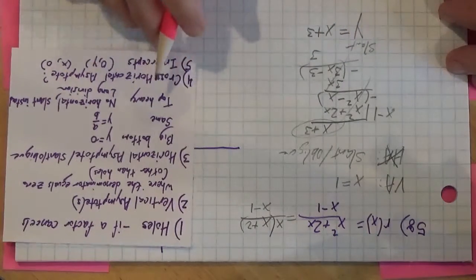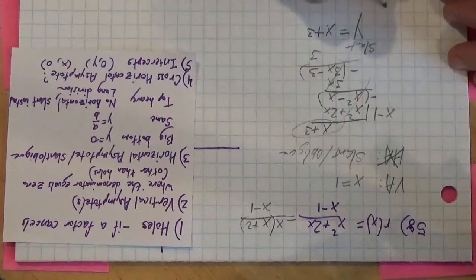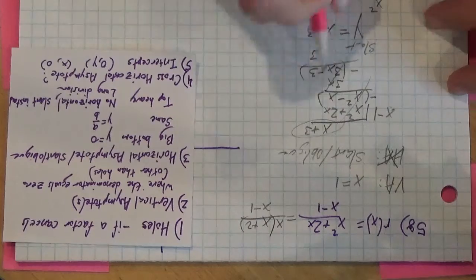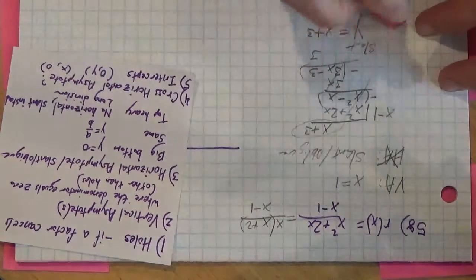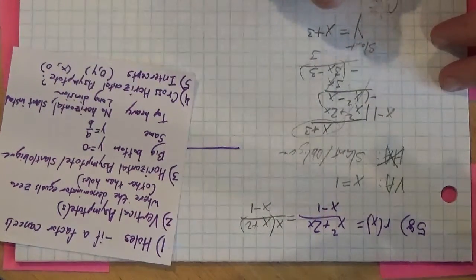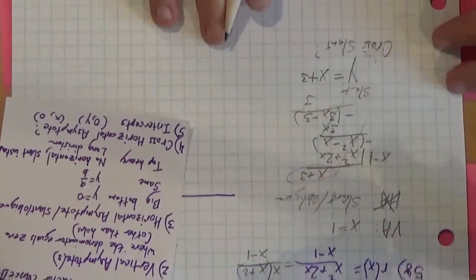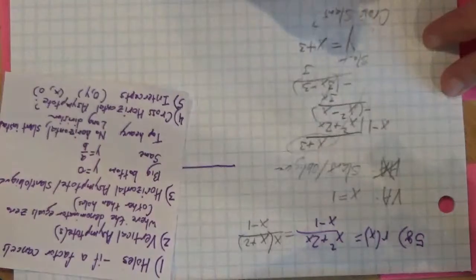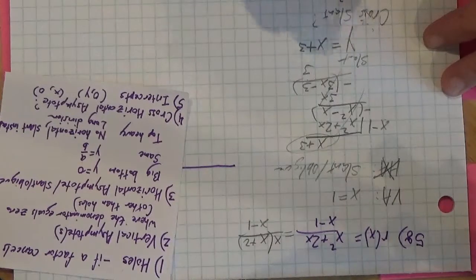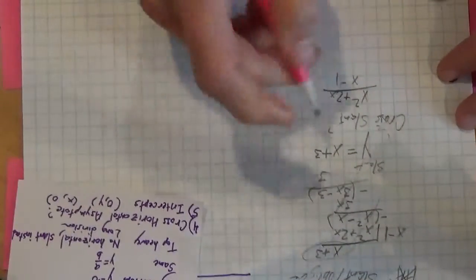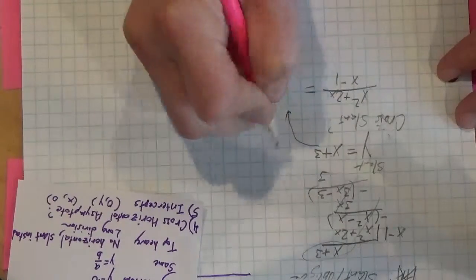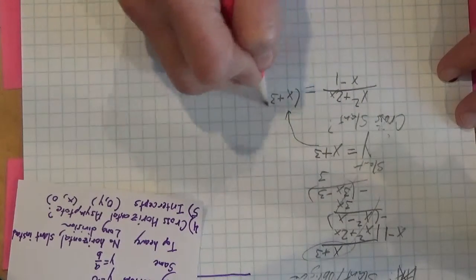I want to see if I ever cross my slant. I should check. So you want to see if your original function, x squared plus 2x over x minus 1, ever equals what you got for your slant asymptote, x plus 3.